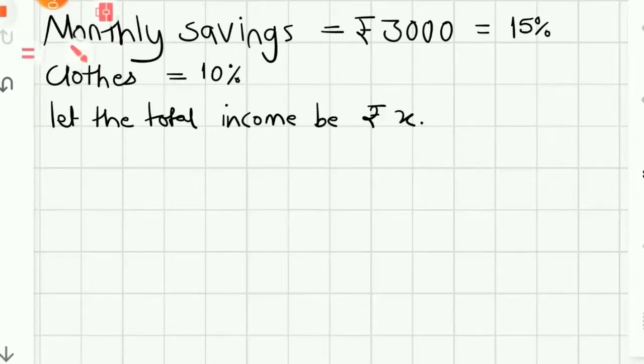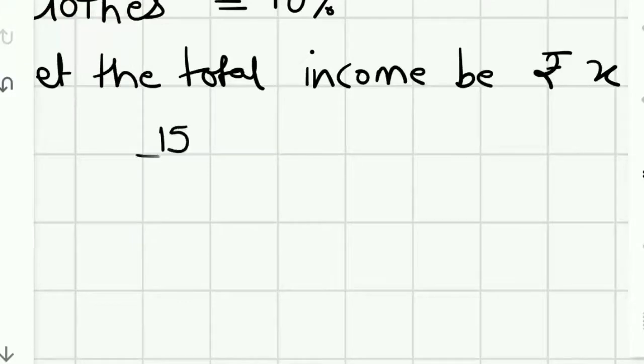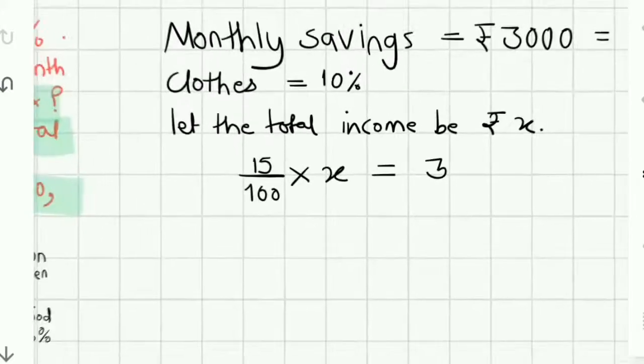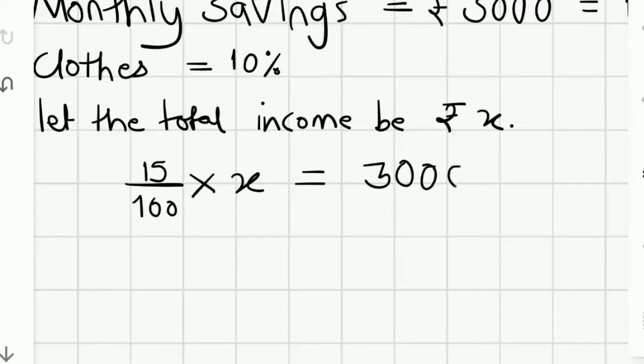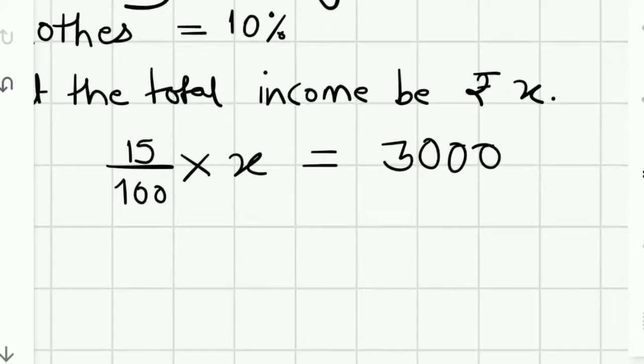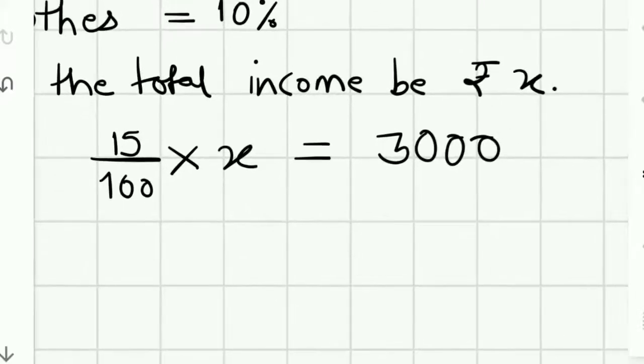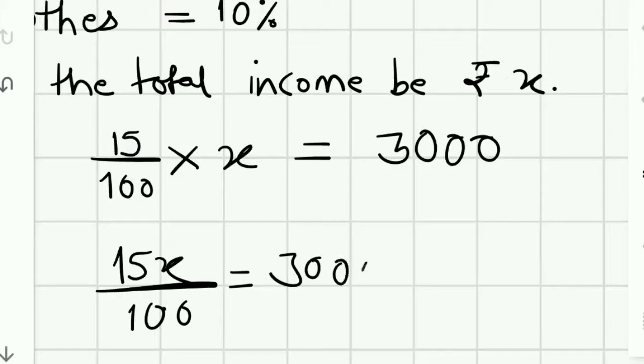Can we find out? 15% of total income is given equal to the number 3000. So 15x by 100 is equal to 3000. So can we find out x?